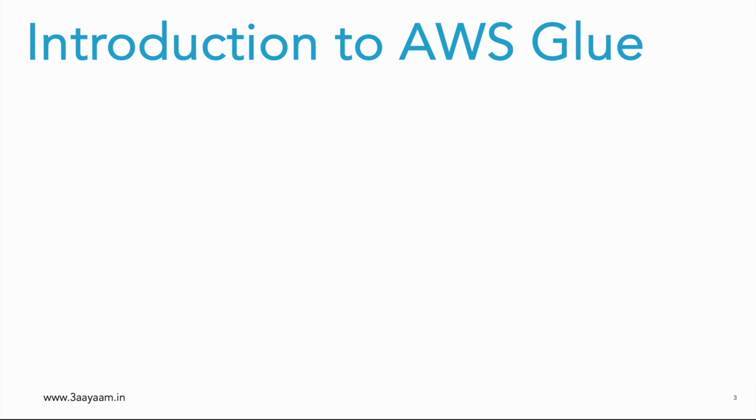So let's start. First of all, what is AWS Glue? AWS Glue is a serverless ETL platform which provides a PySpark and Scala execution environment. The main underlining in this definition is that it provides an ETL platform, which means that you have to extract data, do the transformation, and then load the data, which is done by Spark also.